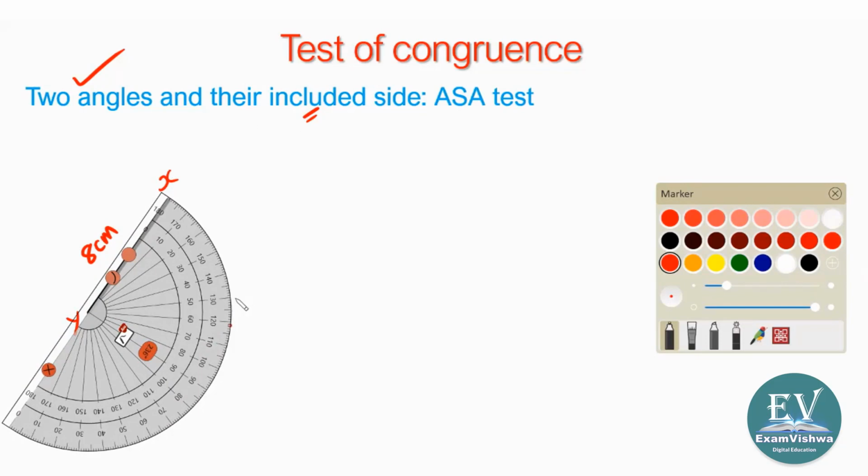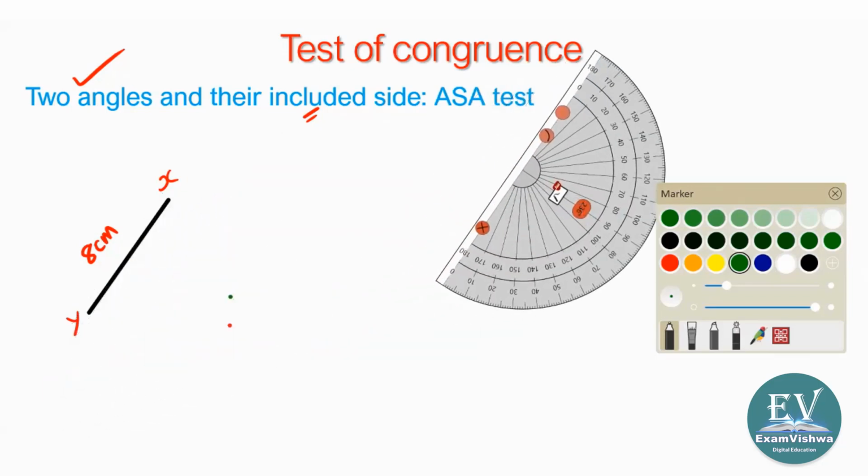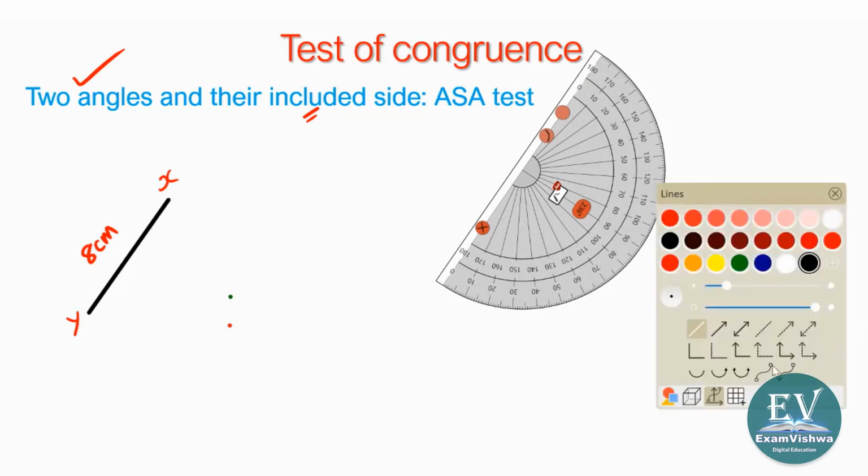Let that be 50 degree. I will change the color to green so that I will detect this is for the other side. Okay. Just experimenting. I know that I am taking time, but there is no other way. If you have to draw a measured triangle having particular measure, there is no other way left.